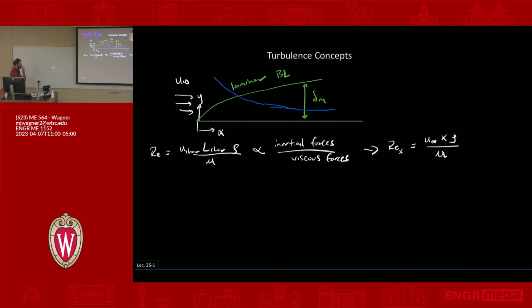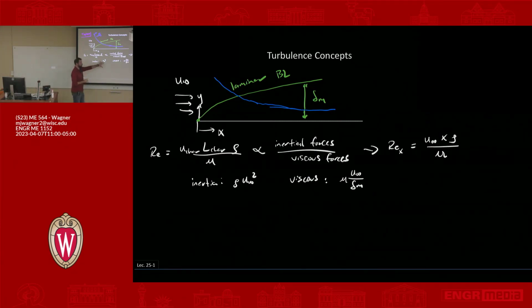So if we wanted to know at what point the shear stress becomes small relative to the inertial force, we could just do that by looking at those specific contributions. What I mean is, let's take an inertia. So an inertia would be rho times u infinity squared, or it's at least proportional to that, where viscous forces are proportional to mu times u infinity over delta m, at least according to our approximate model.